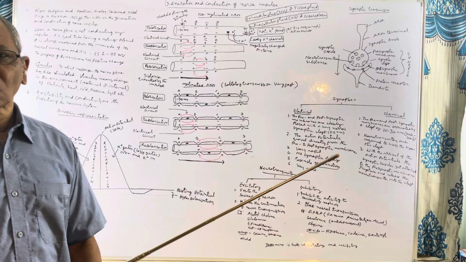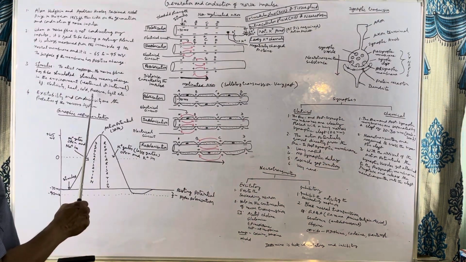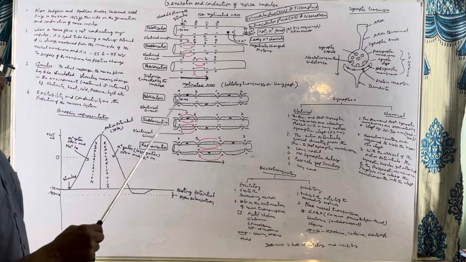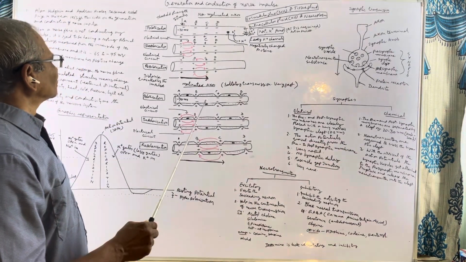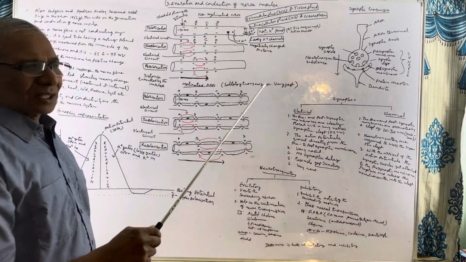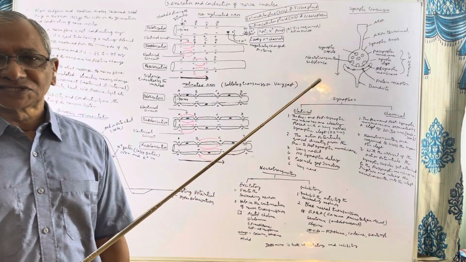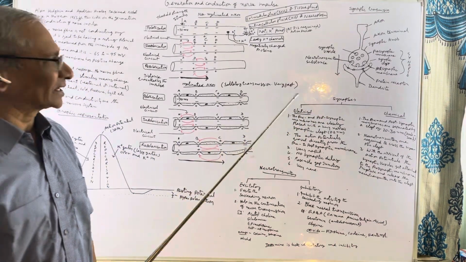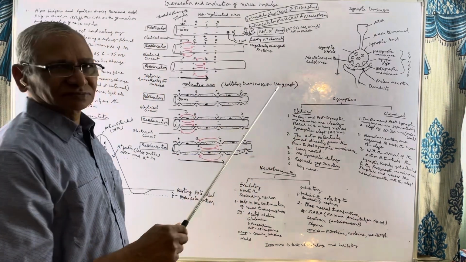And the stimuli are of various types, like heat, electricity, cold, pleasure, light, smell, etc. So when you apply a stimulus, action potentials or nerve impulses are generated, and they travel along the length of the axon.